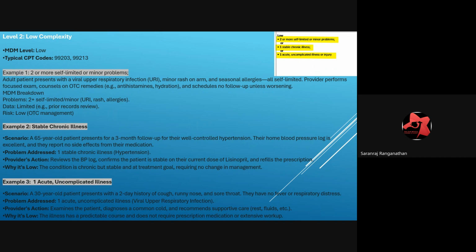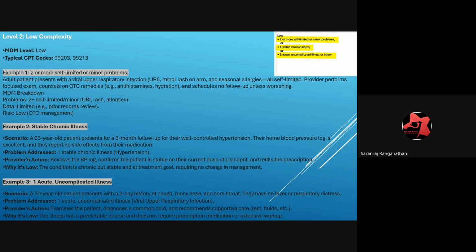Not just by keeping the name of the disease or disorder can you put it in some box. We should understand the entire documentation, the purpose of the visit, analyze it, and bring it to the appropriate COPA level. Otherwise, if you make a small mistake, it will affect the other elements in other levels. So as I told, I would give 60% of the weightage to the COPA always.